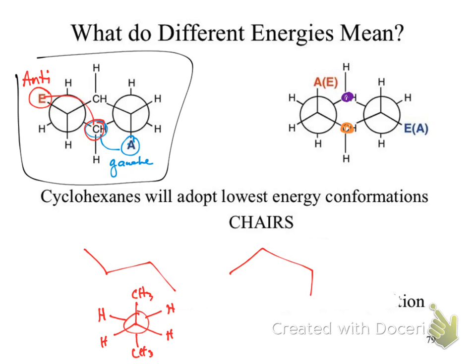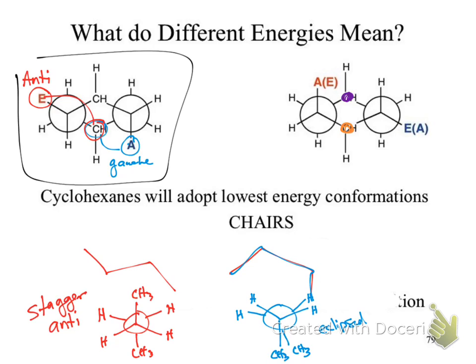The structure on the left versus the structure on the right. The structure on the right is eclipsed, and the structure on the left is staggered. It is better referenced as anti, but we could also reference it as staggered.